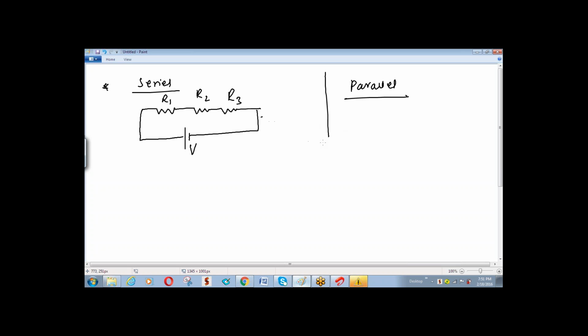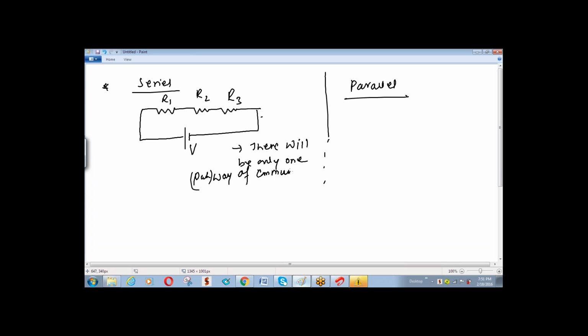Now how will you decide whether it is in series or parallel, right? If the three resistances are in series, there will be only one way, a single path of communication.